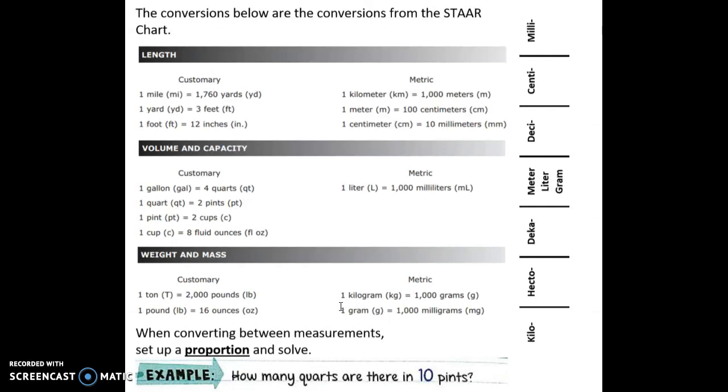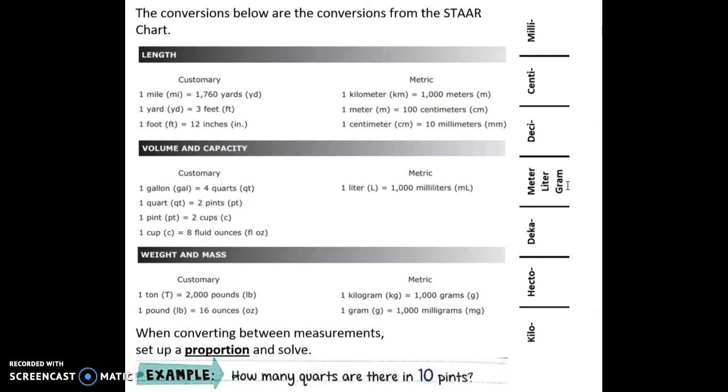We actually have kilo, hecto, deca. Those are the prefixes to our meters, liters, and grams. And it continues with deci, centi, and milli. So our length will consist of meter, volume and capacity will be liter, and weight and mass will be gram.